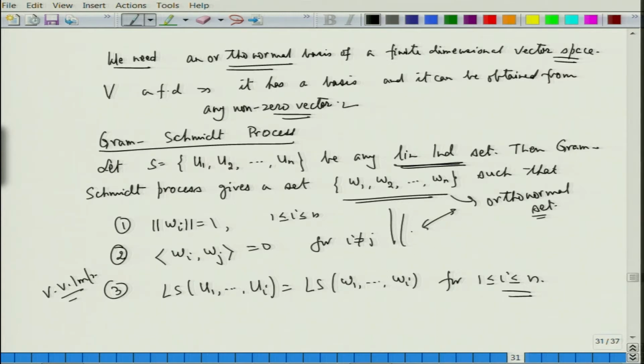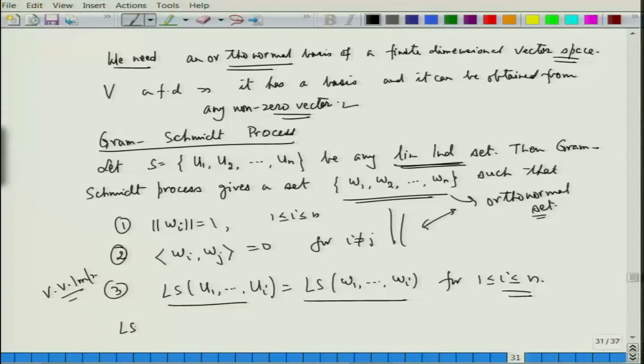What is extra in this process is that the linear span is maintained. The linear span of U1 is nothing but the linear span of W1, the linear span of U1, U2 is equal to the linear span of W1, W2 and so on. At each stage the linear span is maintained.